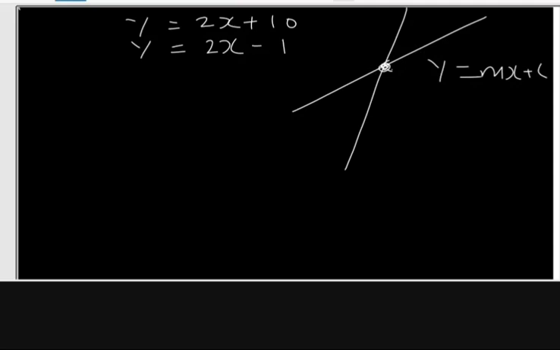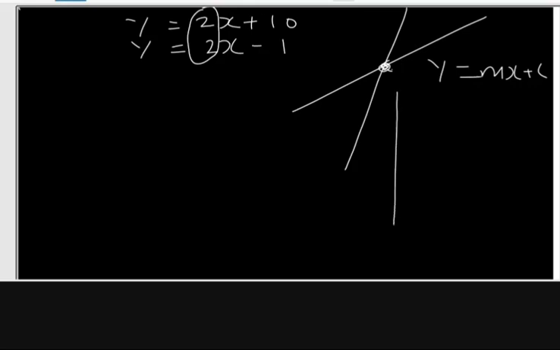For the first one, c is 10 and m is 2. Then for the second one, c is minus 1 and m is 2. So the two of them have the same slope m, meaning that they can never intercept.